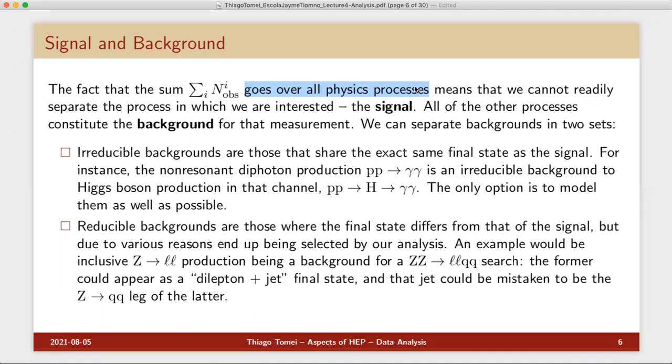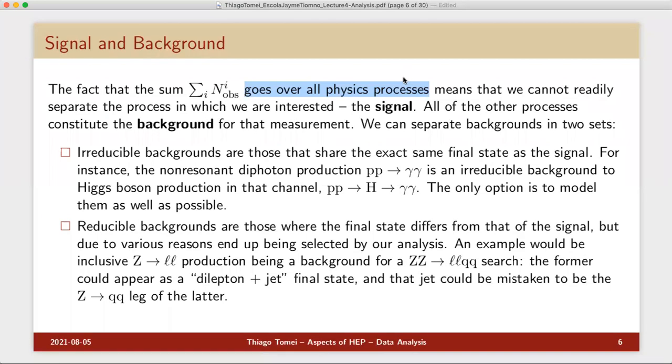But you cannot ask a final state, hey, from which process did you come? We cannot really separate the process in which we're interested. So we categorically make the separation in our analysis, but on an event-by-event basis, you cannot know if an event came from one process or from the other.